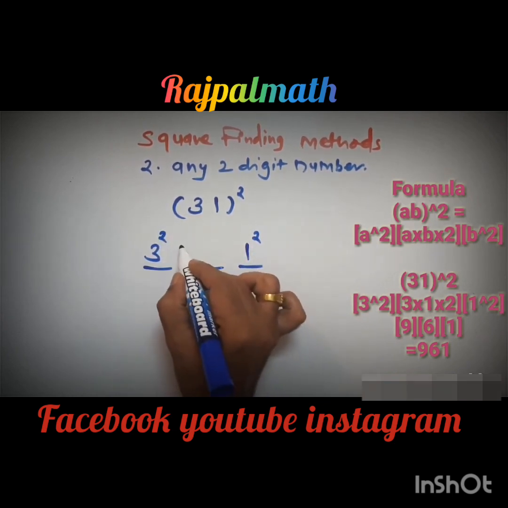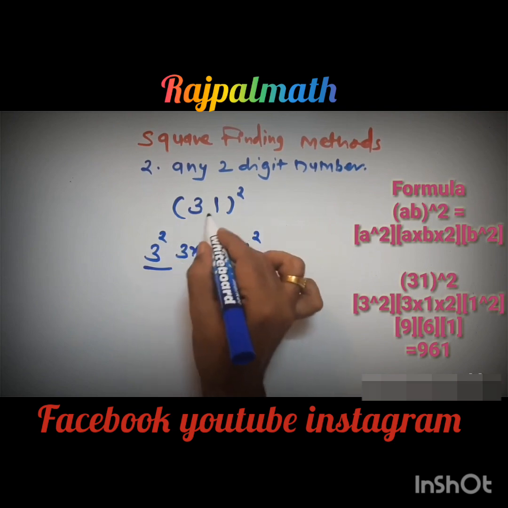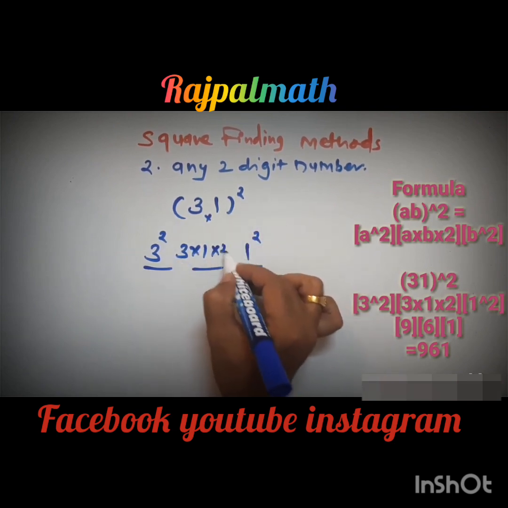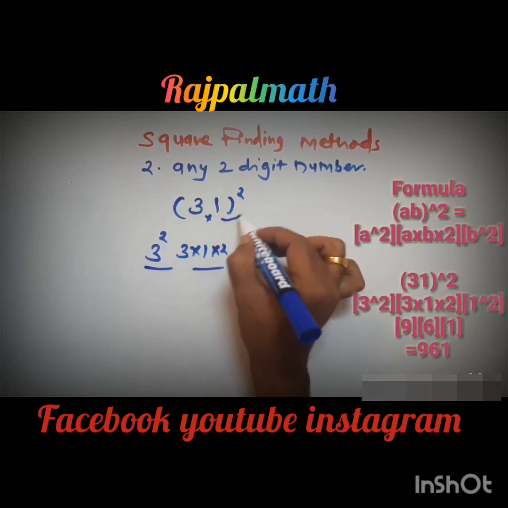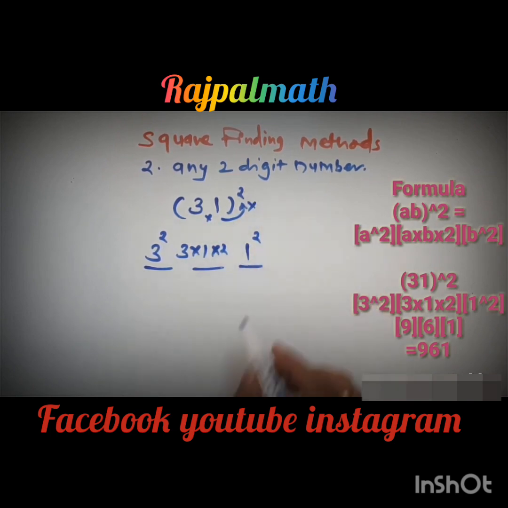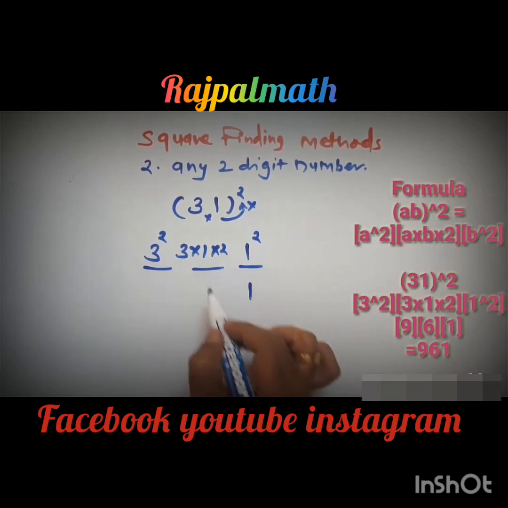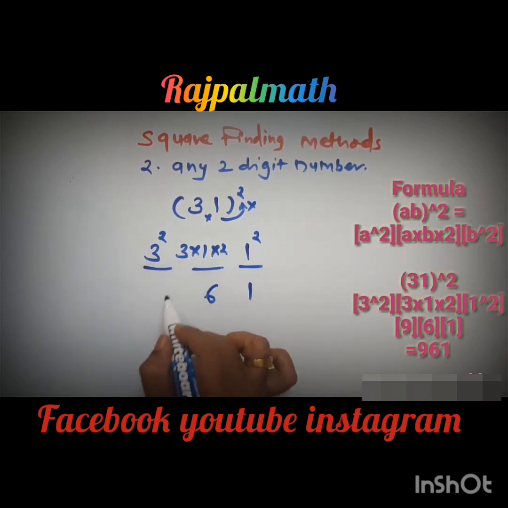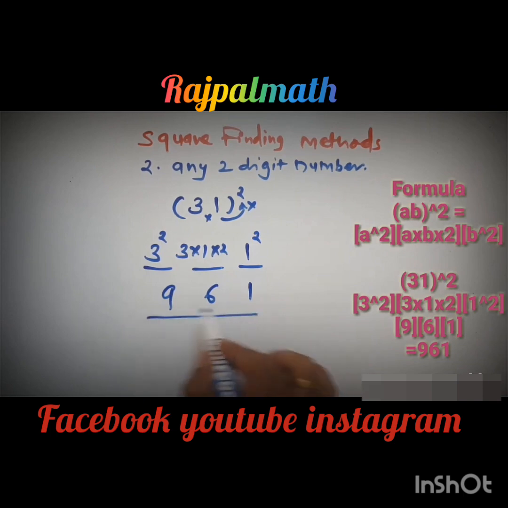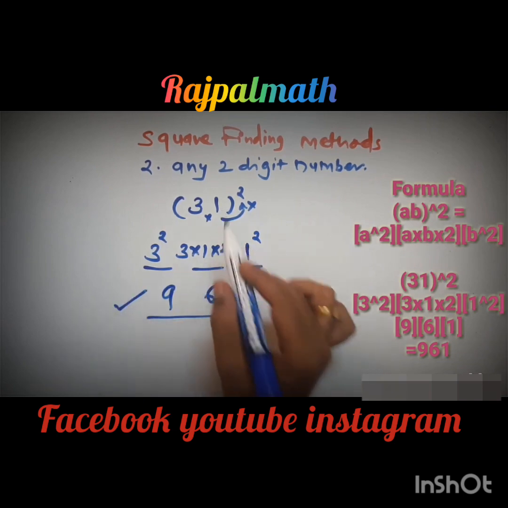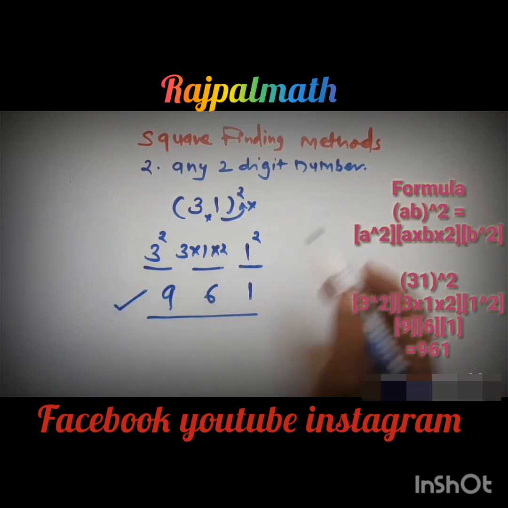And in the middle place I'm going to multiply 3 into 1, that is these 2 digits, with 2. So how can you remember 3 into 1 into 2? Square of 1 is 1, 3 into 2 into 1 is 6, and square of 3 is 9. So 961 is my answer. Square of 31 is 961.